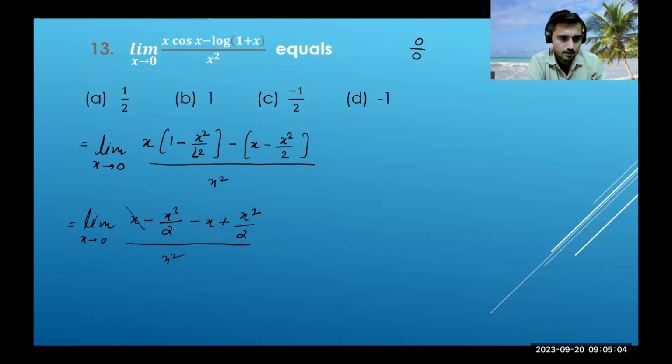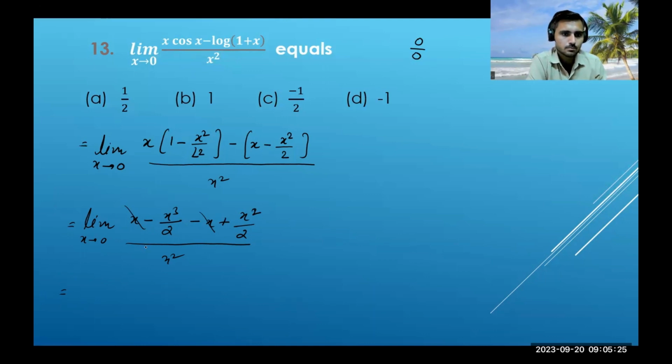We have x square, this is cancelled out, and we'll take x square common. It means we have here minus, and the expansion is also x minus, right?